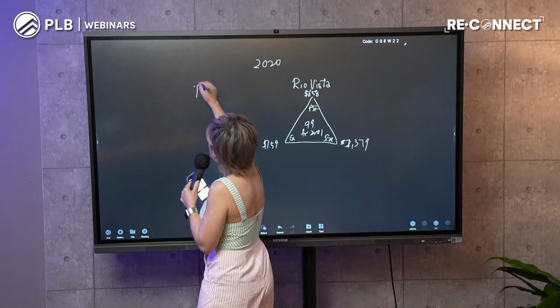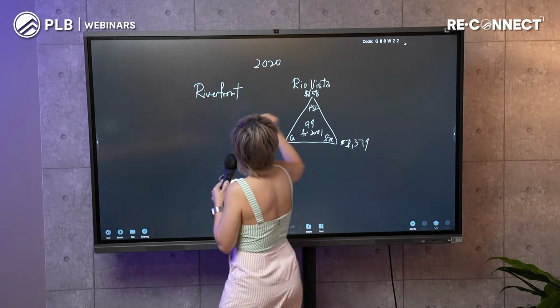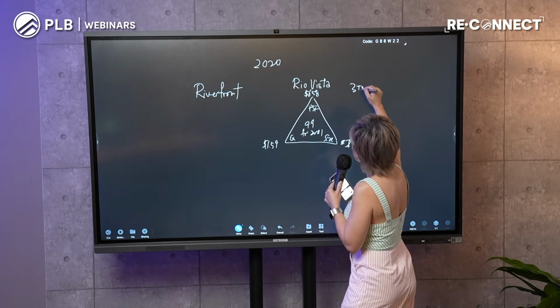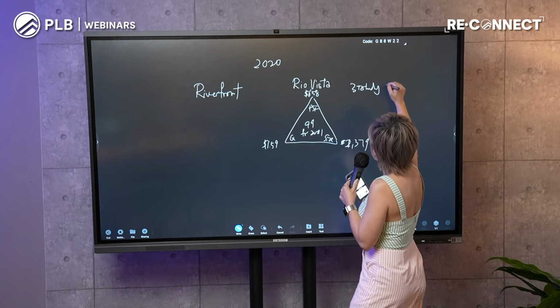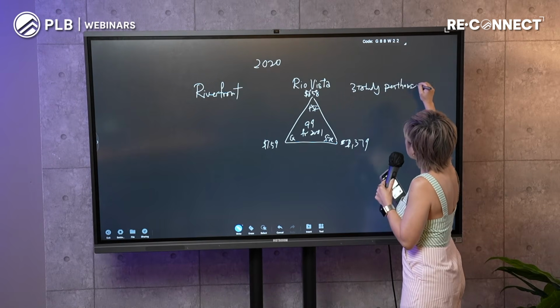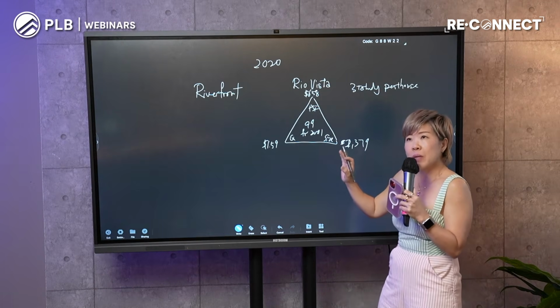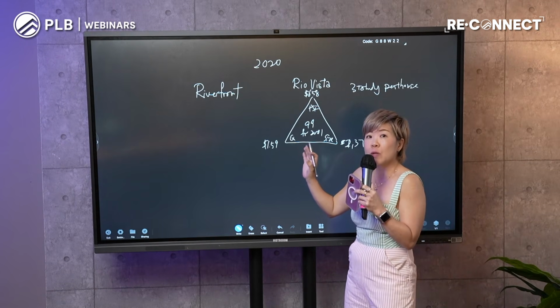In Riverfront, we want to compare with the 3 plus study penthouse using something more comparable than just a regular 3-bedroom.